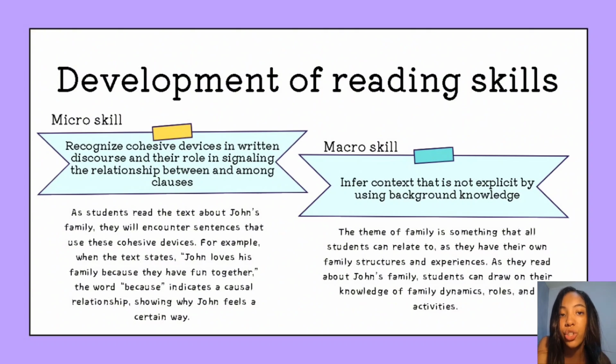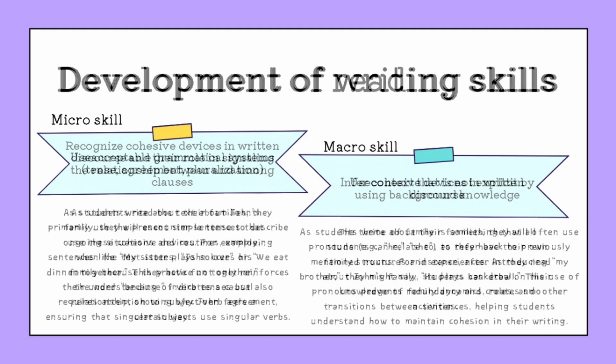This personal connection allows them to infer meaning from context that may not be directly mentioned in the text. For example, when the text discusses family outings, students can connect to their own experiences of going out to parks or eating together with their families.